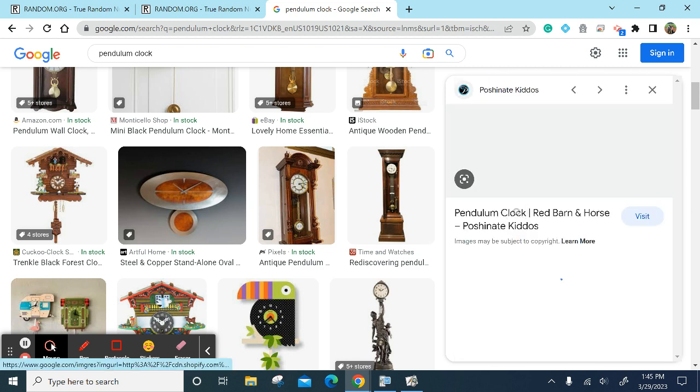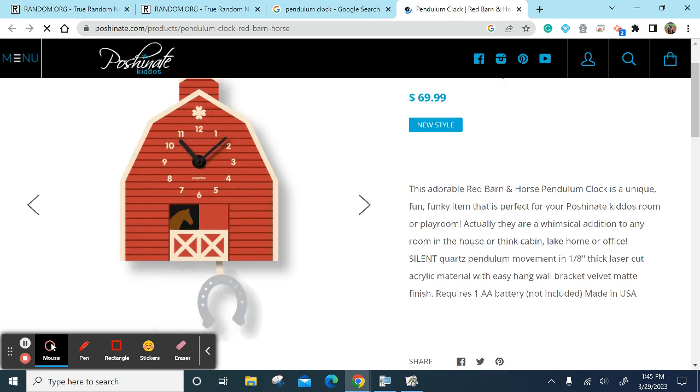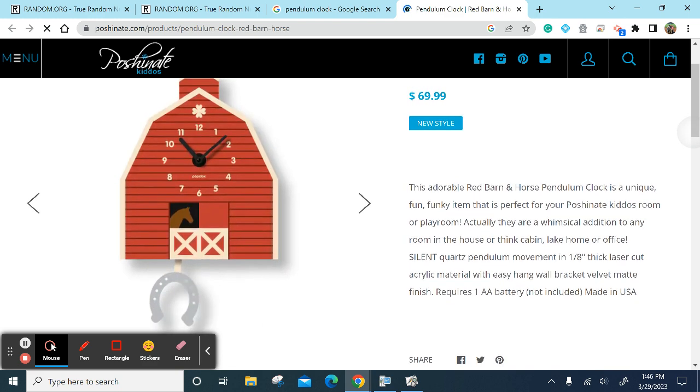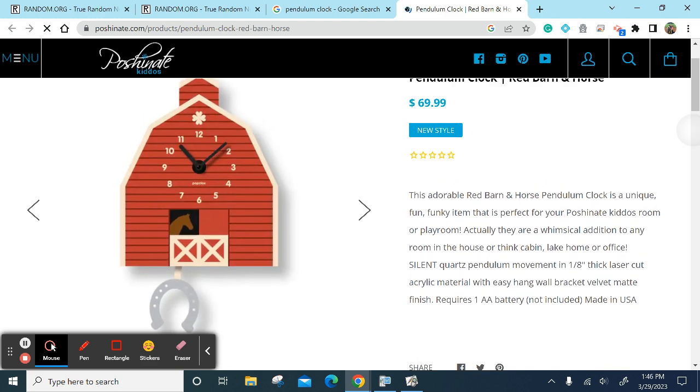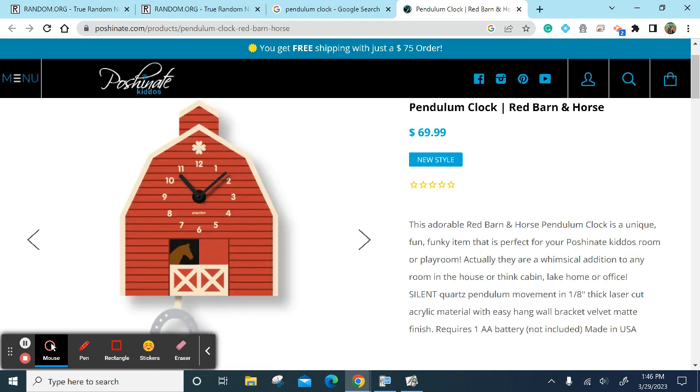Oh, we did this one last period. I don't think the barn is sold out. $70. $70 for this item. You might just throw it in a fire pit. $70. Here you go. Right in the fire pit. Yeah. So I guess if anybody wants it, that's one that's not sold out. It's the horse there.